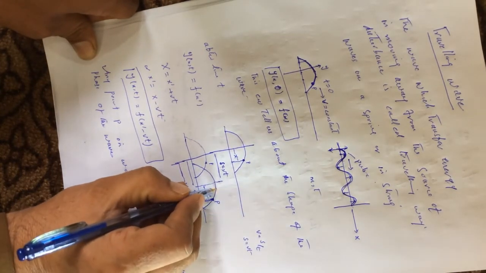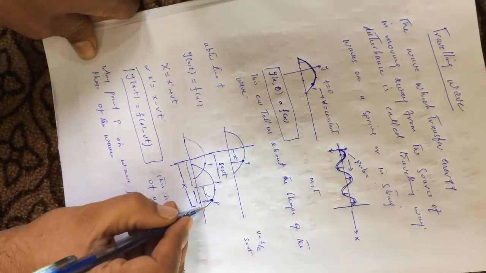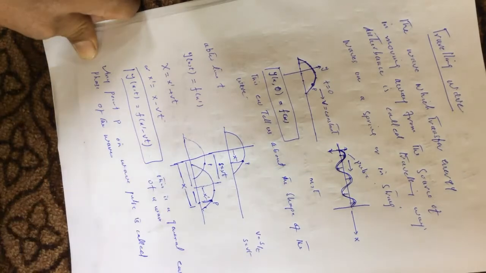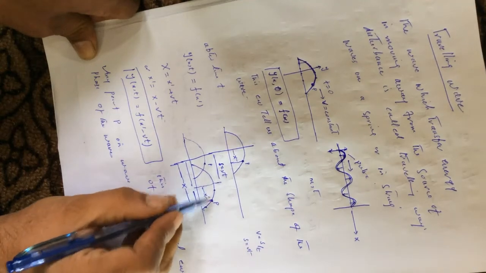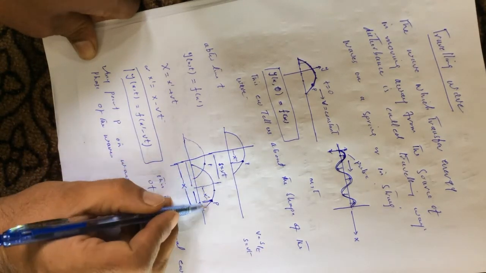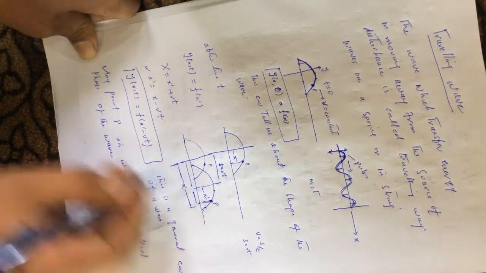If someone considers this point, then that point is also called a phase of the wave. Now, once we consider a point on this wave pulse, that point will remain constant, because this point, which is here, now moves here, so it remains constant.